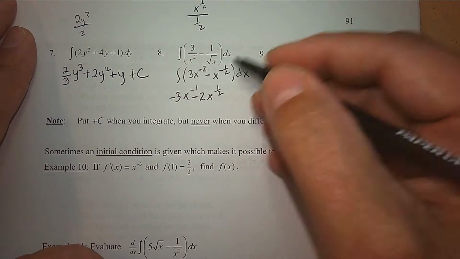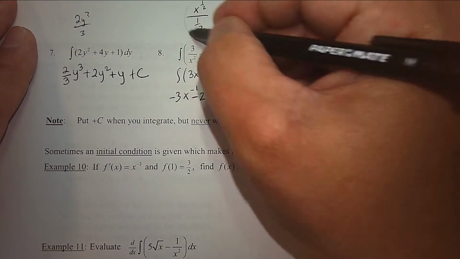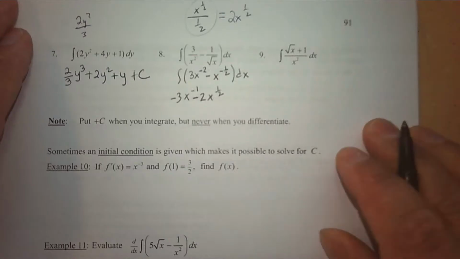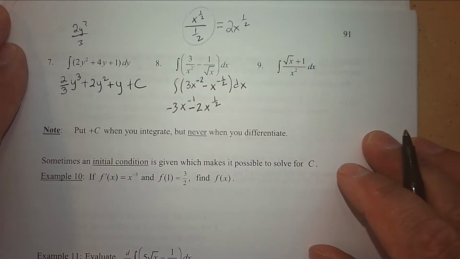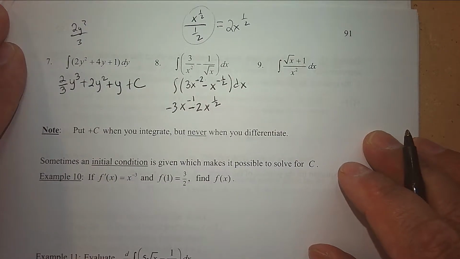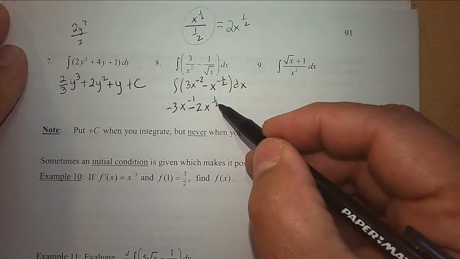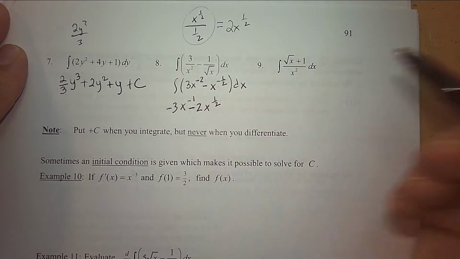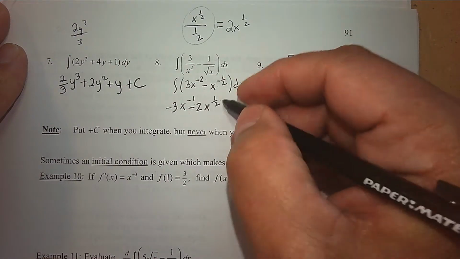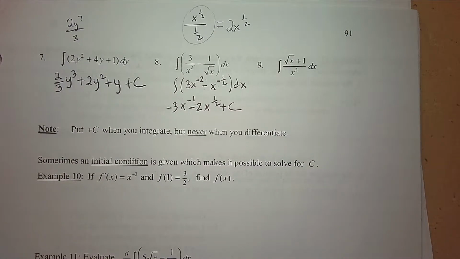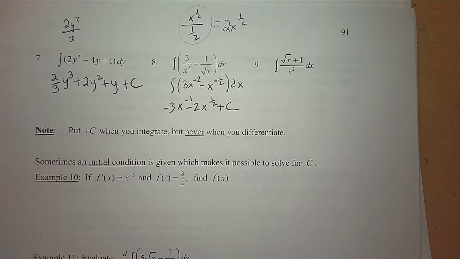And then what's a better way to write this? 2x to the 1/2, they're equal to each other. And notice that when you add 1, it's now a positive exponent, and a positive divided by a negative stays negative, and then of course the C.